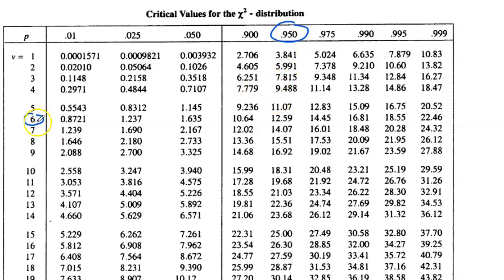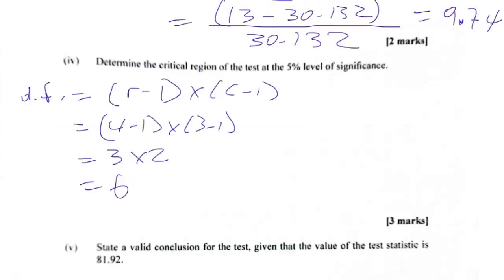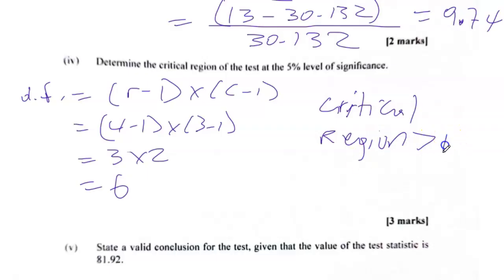For degree of freedom 6, the value is 12.59. So the critical value is 12.59. The critical region is anything greater than 12.59. We will reject the null if it's greater than 12.59.